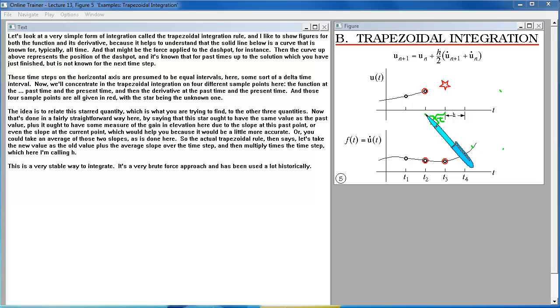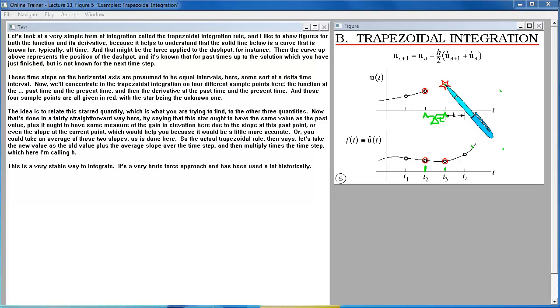The function at the, let's call it the past time and the present time, and then the derivative at the past time and the present time. And those 4 sample points are all given in red, with the star being the unknown one. The idea is to relate this starred quantity, which is what you're trying to find, to the other 3 quantities.